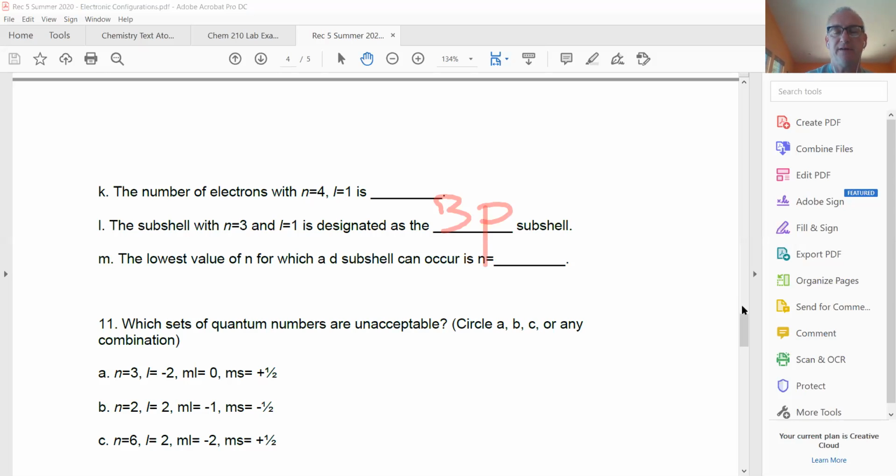Just drill that into your head, as long as you get the order of S, P, D, and F. That's really the hardest thing to remember: S, P, D, and F. That's 0, 1, 2, and 3.